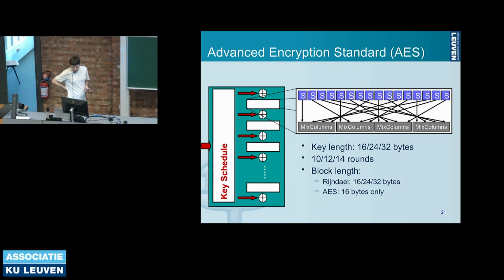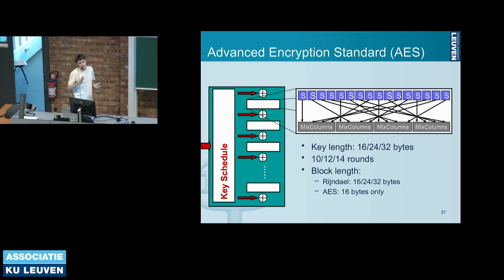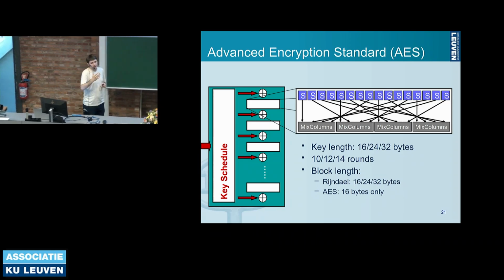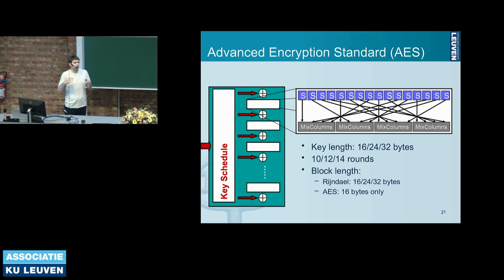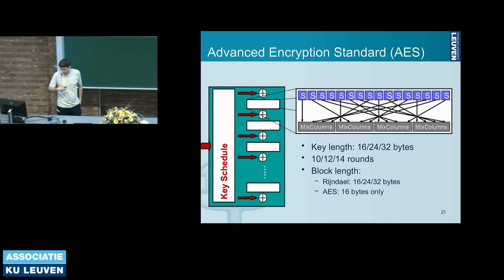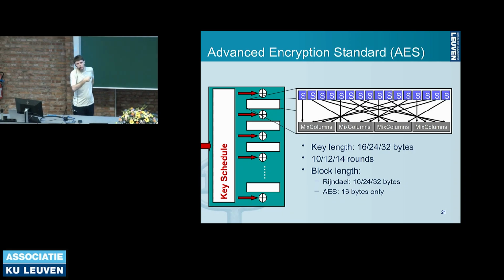The block length of AES is always 128 bits, but AES is derived from, or is actually the same as, Rijndael, which was what was submitted to the NIST competition at the time. Rijndael also supports different block lengths.